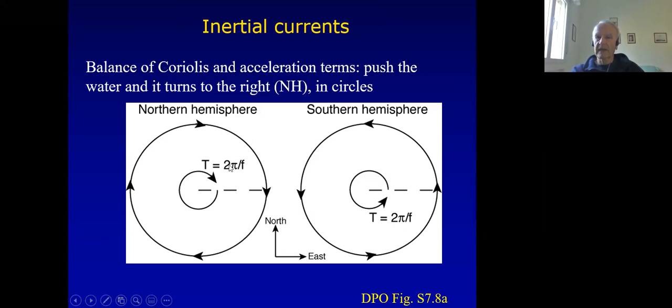So at mid latitude, the inertial period is about 17 hours. In 17 hours, the particle makes a full circle. But since you have the superposition of the average current, this is not a circle, but it's open, and it goes, for example, this way.